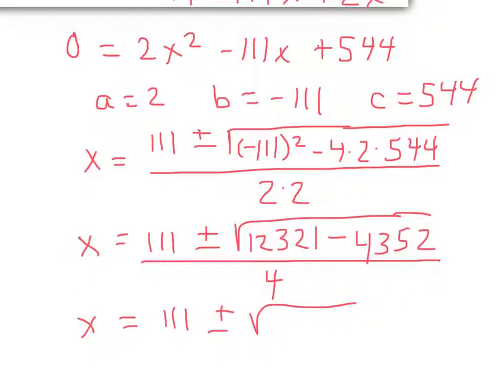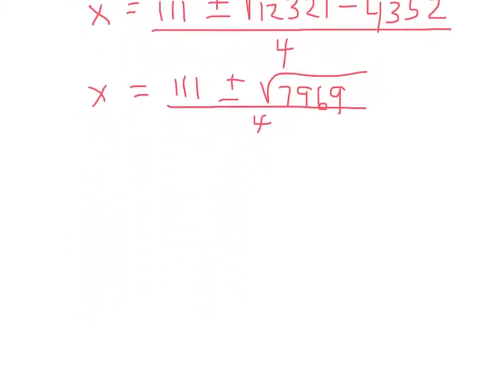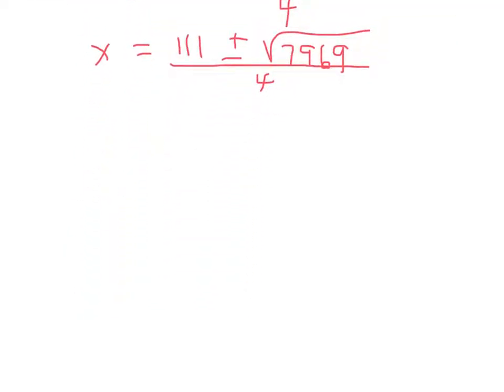12,321 minus 4,352 is 7,969, all over 4. What is the square root of 7,969?